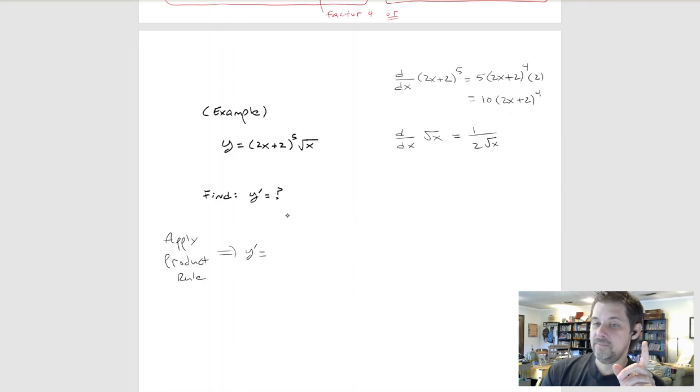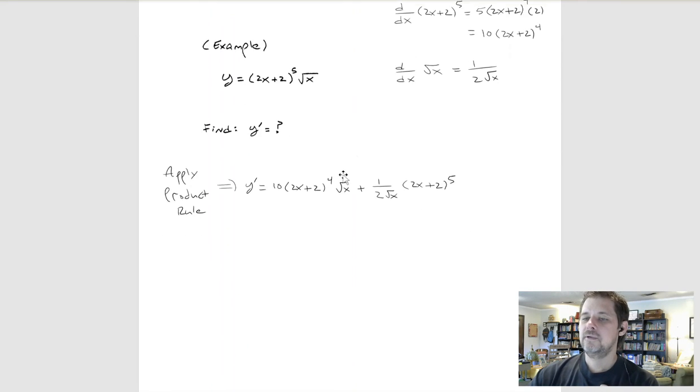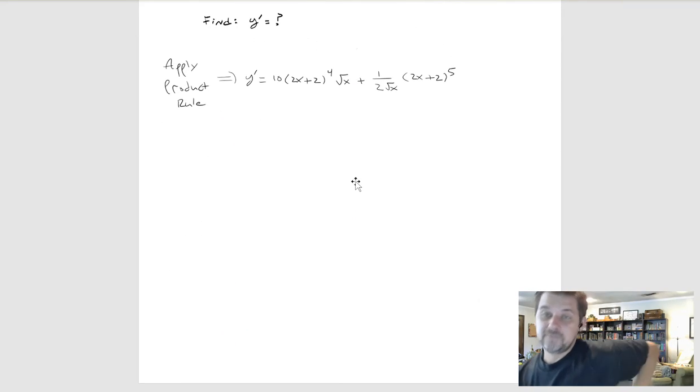So f prime, 10 times 2x plus 2 to the 4th power, times g, which is root x, plus g prime, the derivative of this, but that's 1 over 2 root x, times f, 2x plus 2 to the 5th power. Okay, so now I'm here, and there's my derivative. That's it. That is the derivative of this function.